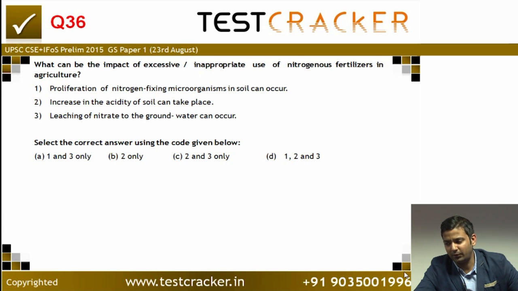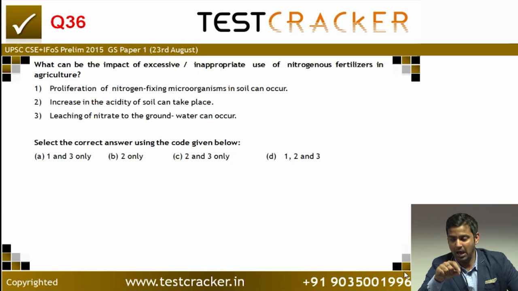2 is about increase of acidity. This is a standard, this is something which you should have read. This is something which is used to criticize our urea policy, that we over subsidize urea, which has led to spoiling of NPK ratio in favor of nitrogen, which has led to a lot of environmental problems, in extra cost without any extra output.